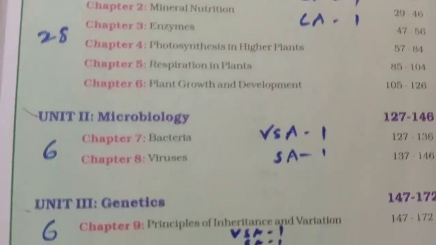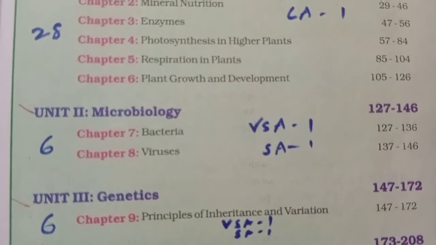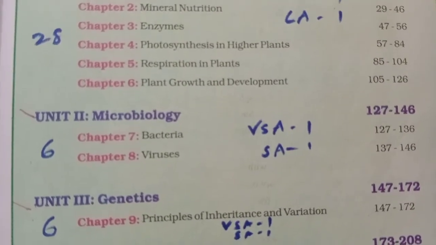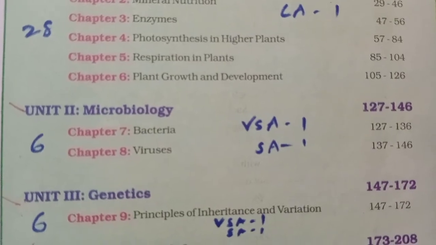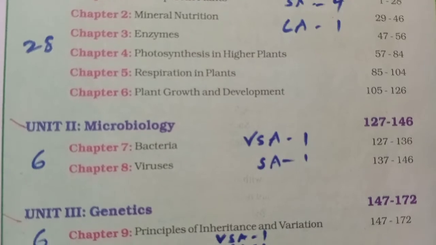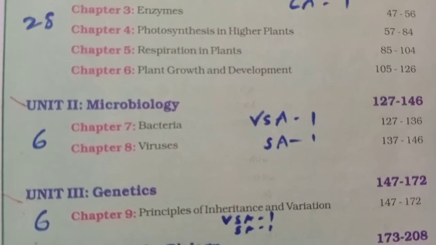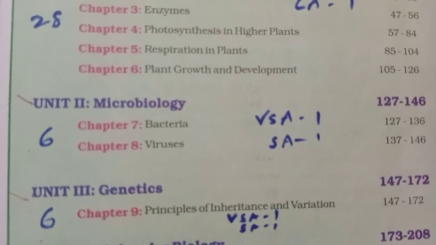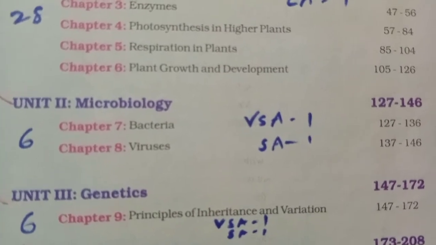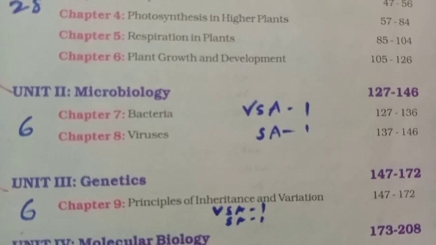Next, go to the second unit, microbiology, nothing but the study of small, minute and microscopic organisms which we can see only with a microscope, we cannot see with our naked eye. That is called microbiology. Here we will study two major topics in microbiology: bacteria and viruses.